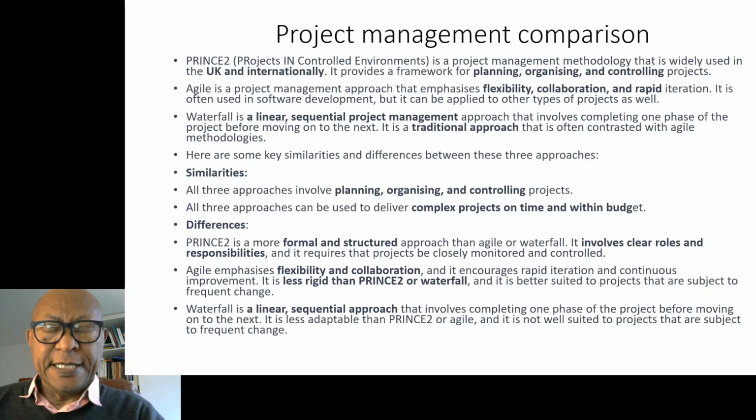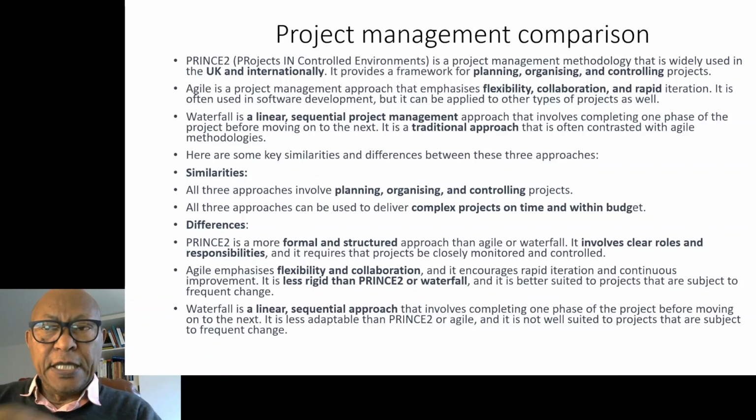What it means is that the scope and the quality and the performance of the product or the service produced is flexible, that users might change the specification, what they require. So in that case, Agile is much more flexible, collaborative work.